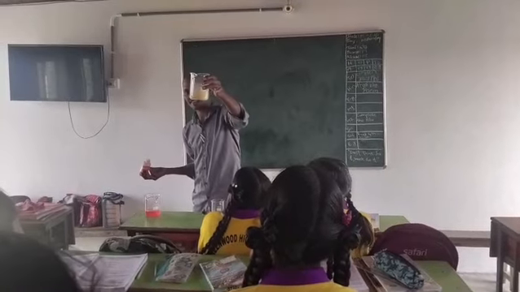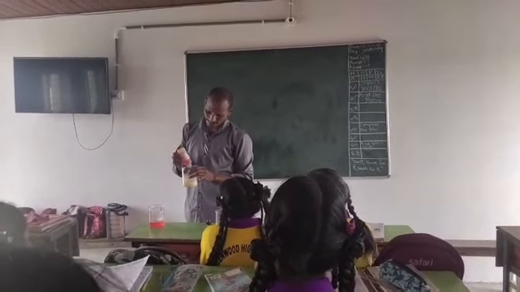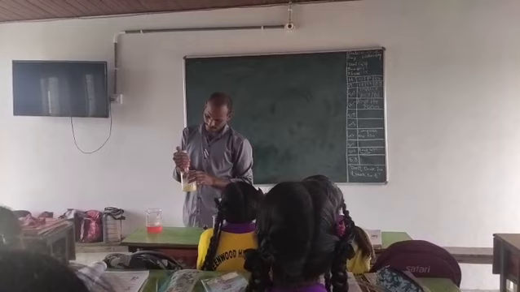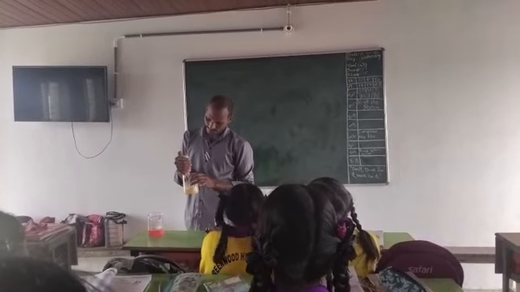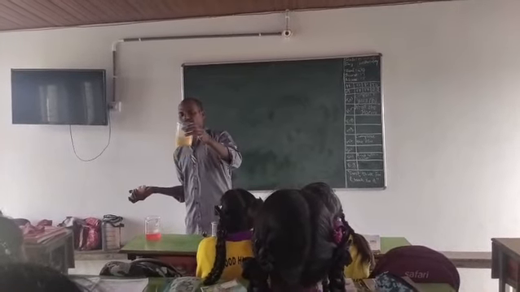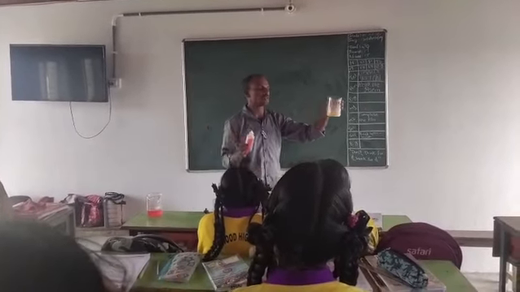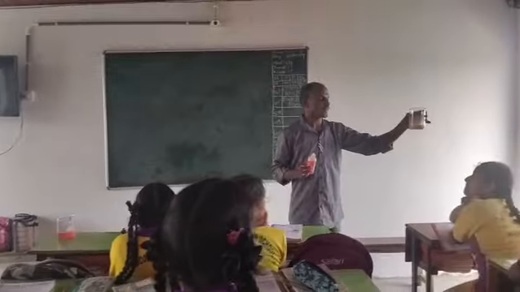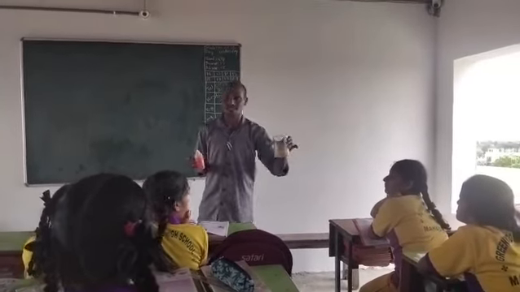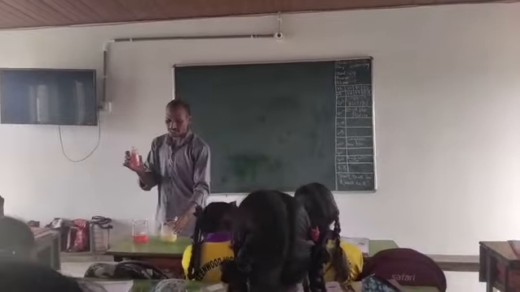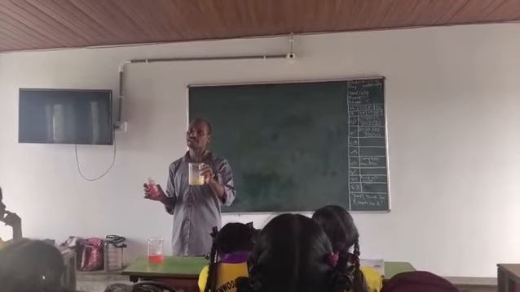Light yellowish color. See? Yes. Okay? When methyl orange is mixed with lime water, it turns into a yellowish color. So with the help of methyl orange, we can find bases also.